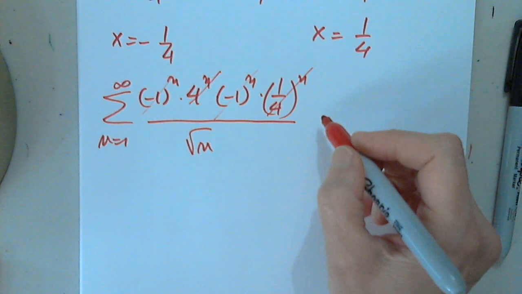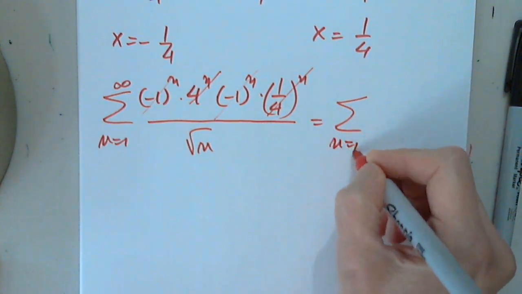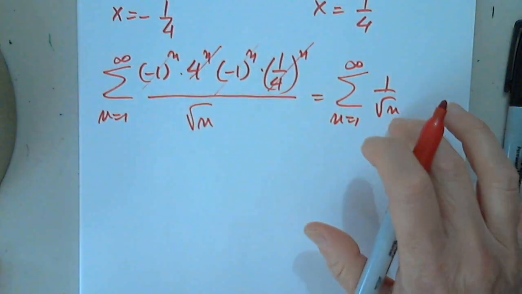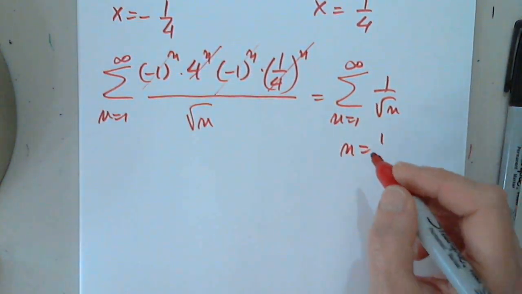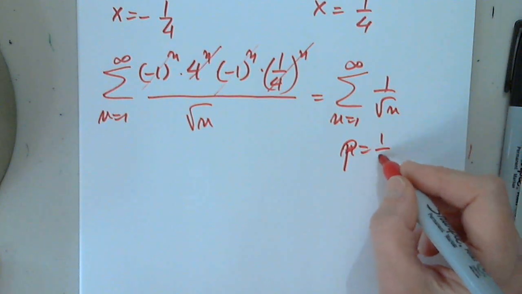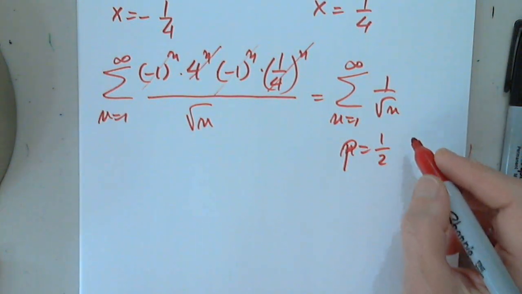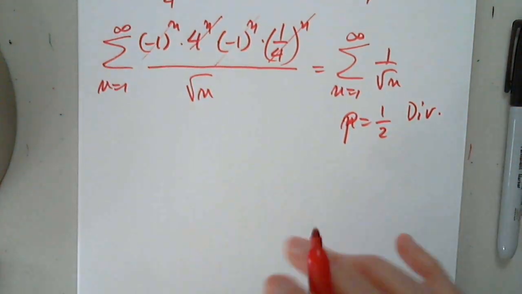These will go away. So the simplified form will be the sum from n equals 1 to infinity of 1 over the square root of n. We discussed this series before, and here, p is 1/2. So the series diverges as a p series.